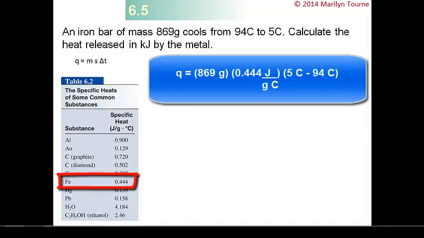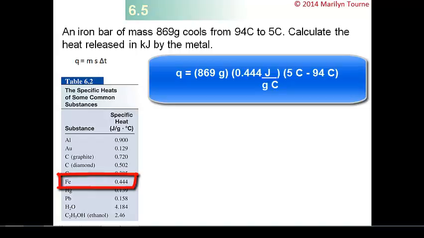So I write Q is equal to 869 grams times, I find the specific heat of iron, and you can see right there it's 0.444, so times 0.444 joules per gram degree Celsius times T final minus T initial, which is 5 minus 94. That ends up being negative 89 degrees Celsius.